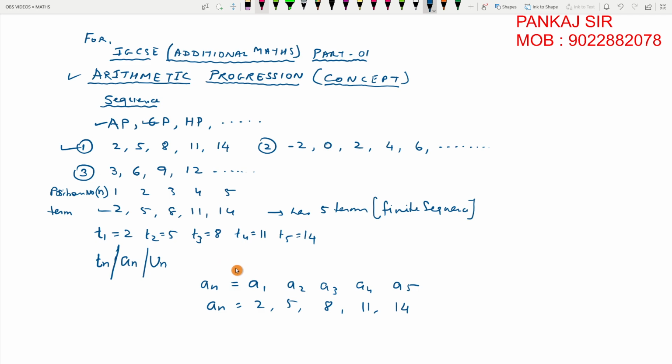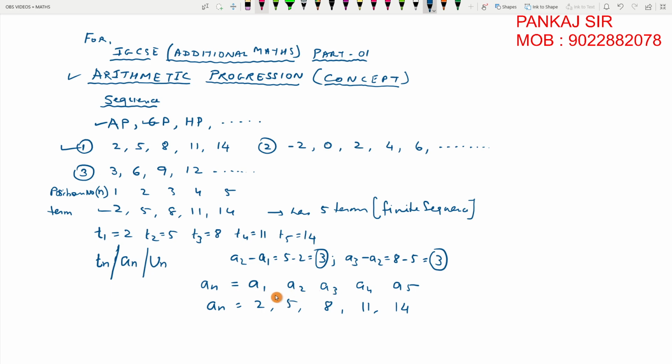Now, let me see if I can see something peculiar about this sequence. If I do A2 minus A1, I get 5 minus 2, which is equal to 3. Fine. Let me do A3 minus A2, and this will be 8 minus 5, which again gives me the answer 3. So can you see I'm getting a constant difference when I do A2 minus A1 and when I do A3 minus A2. Okay.